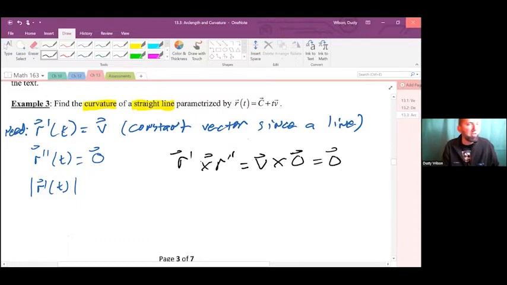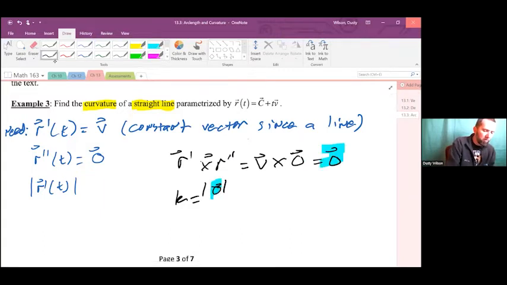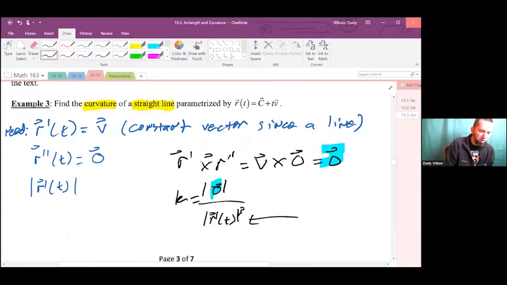So when we find the curvature, we're going to get the magnitude of the 0 vector divided by the magnitude of r prime of t cubed, which is not 0.